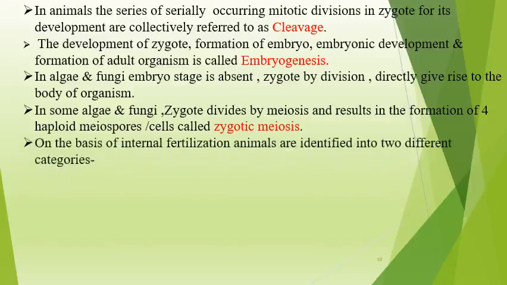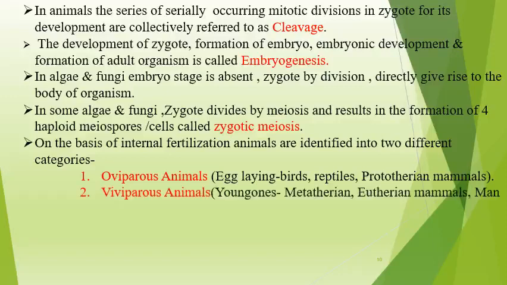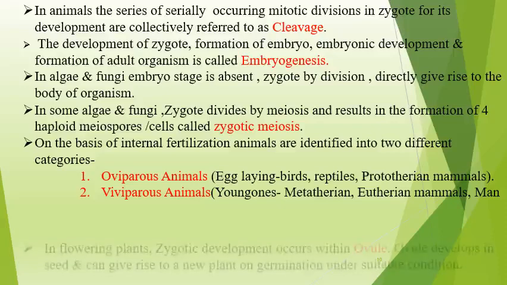On the basis of internal fertilization, animals are identified into two categories: oviparous animals, meaning egg-laying organisms like birds, reptiles, prototherian mammals, and viviparous animals. Young ones are produced by such animals like the metatherians, eutherian mammals, and man.